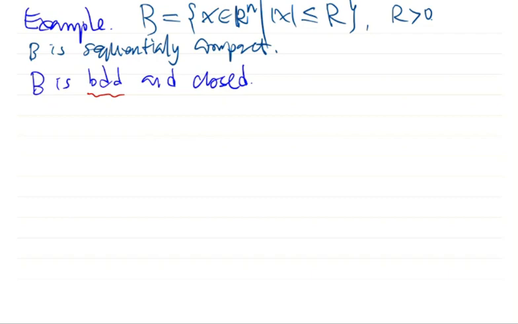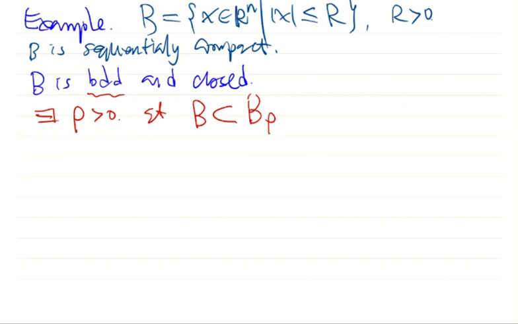Boundedness means that there is some positive number rho such that the set is contained in the ball with radius rho. This is the definition of boundedness of a subset. If the subset is contained in some ball with sufficiently large radius, then this set is bounded.